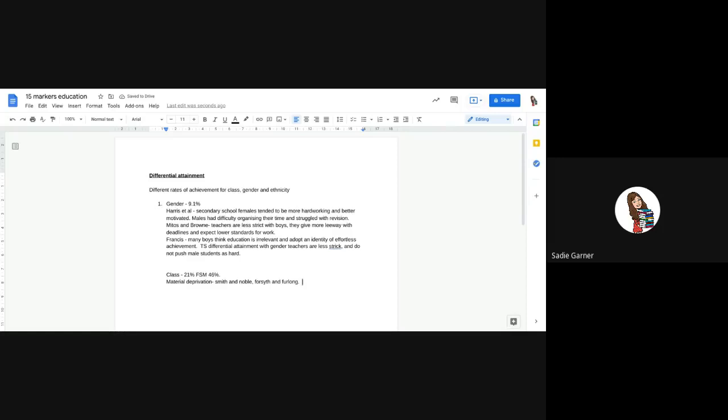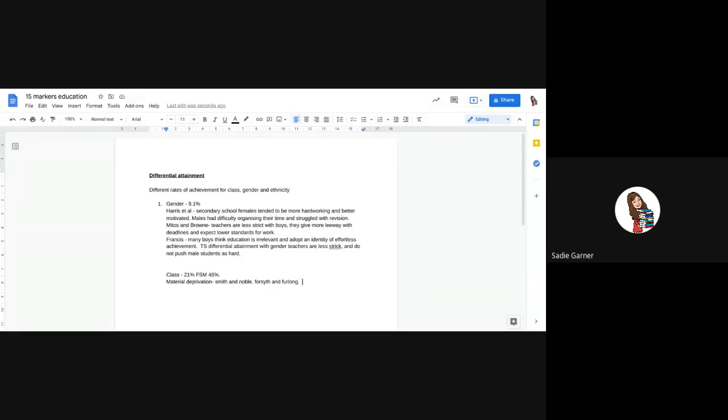Smith and Noble, material deprivation, lack of concentration, lower rates of attendance, and Forsyth and Furlong, the cost of putting working class students off. For a third sociologist, I've given them 2 for material deprivation. For a third point, you can have catchment area. And the Sutton Trust, that the best performing comprehensives, so the best performing standard state schools, are more socially selective.